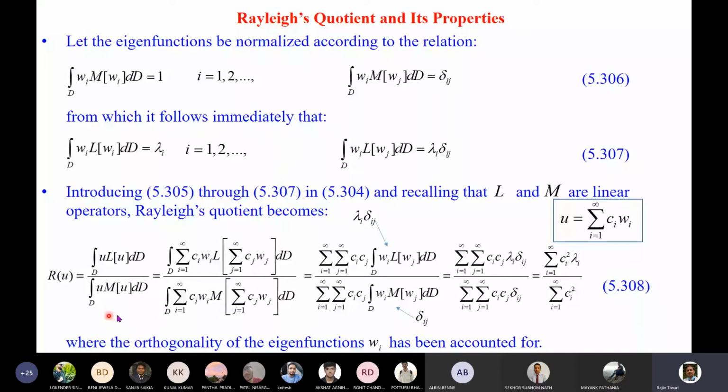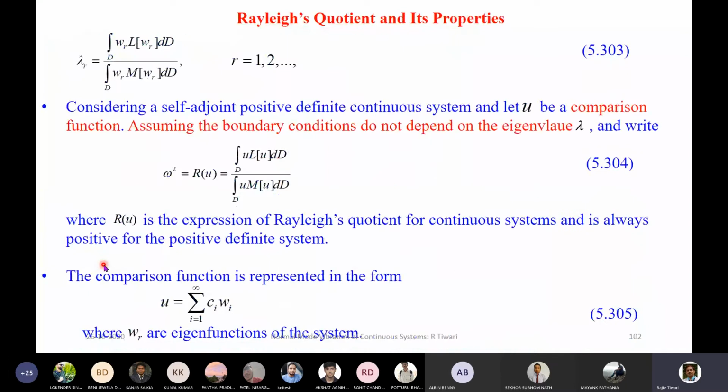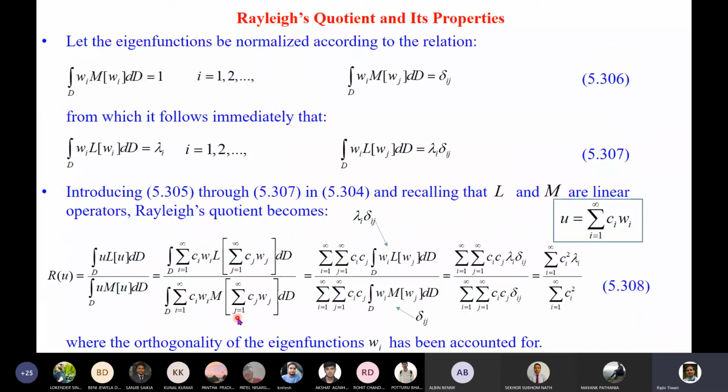Let us see the comparison function u, which we have chosen here, which is in the form of the eigenfunction. So if we substitute this here instead of u, this is the series we assumed, sum of CiWi, and then the L operator, and in place of u again we substitute that particular series and integrate over the domain. Similarly, in the denominator we put u as that series, then the M operator and the series.